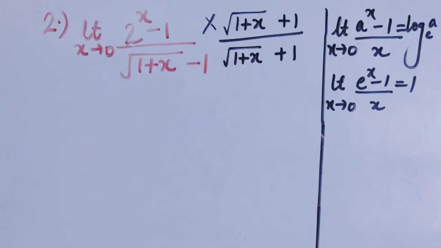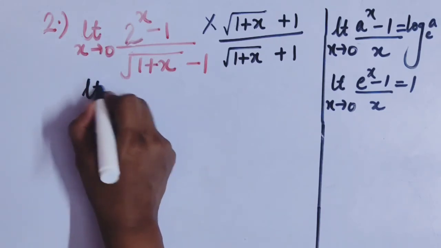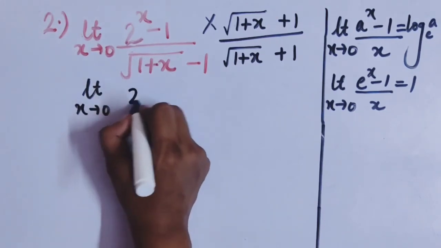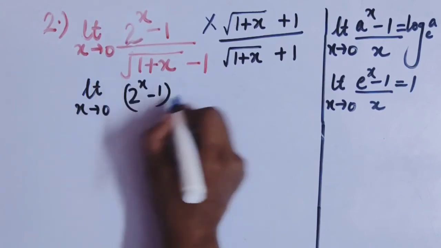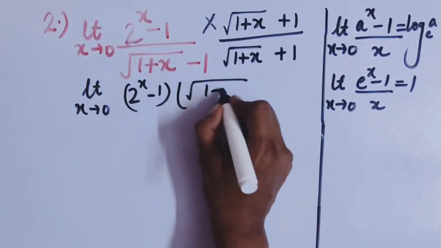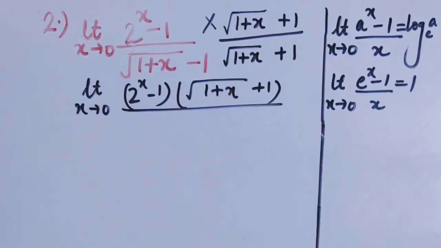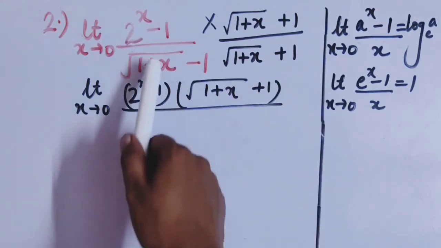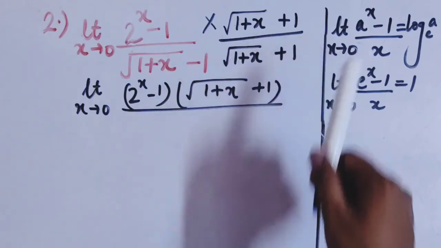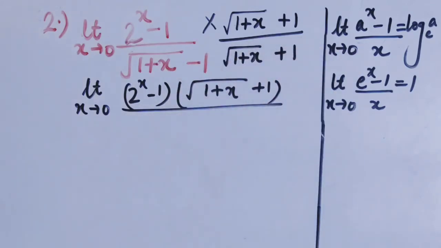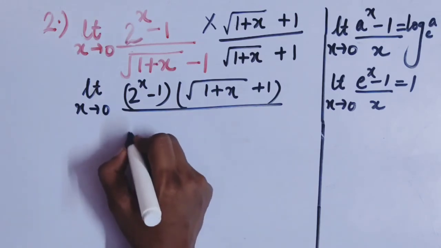Okay? Afterwards, limit x tends to 0, 2 raised to the power x minus 1 within the bracket, under the root 1 plus x plus 1. In the denominator students, there is an identity forming: a minus b into a plus b. And we know a minus b into a plus b is equal to a square minus b square. So what can I write over here?